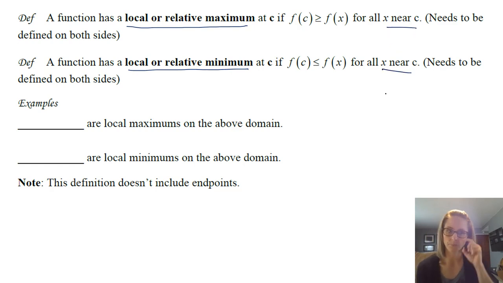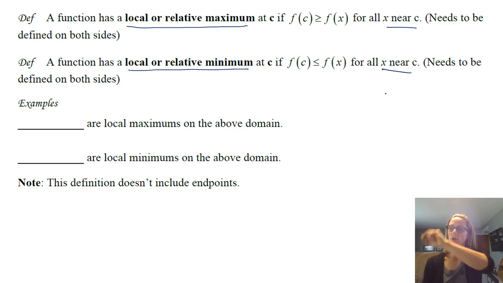So that simply means that if a function goes up and comes back down, you're going to have a local or relative maximum. If that function comes down and then goes back up, you're going to have a local or relative minimum. And so you could have an infinite number.